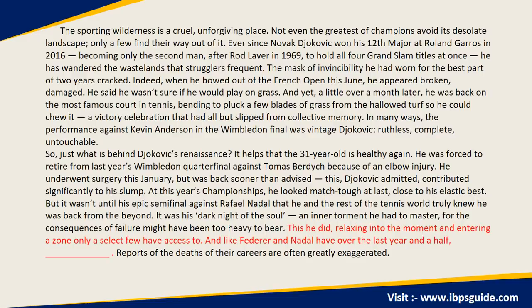Okay, so obviously they are describing something positive over here. They're talking about how he was able to overcome his inner torment. They're also saying that he has done something similar to what Federer and Nadal have done over the past year and a half or two. And we know that they have both been very successful over the past few years. So again, it is something positive that they're trying to say about what Djokovic has done.